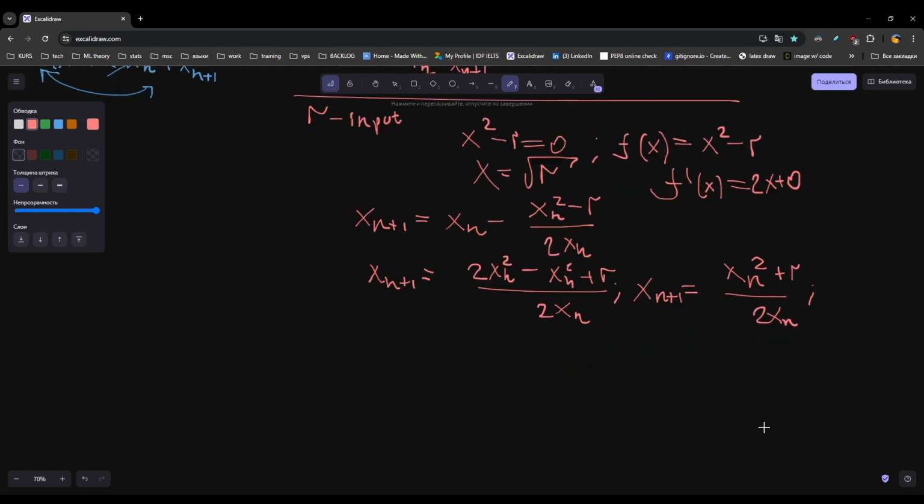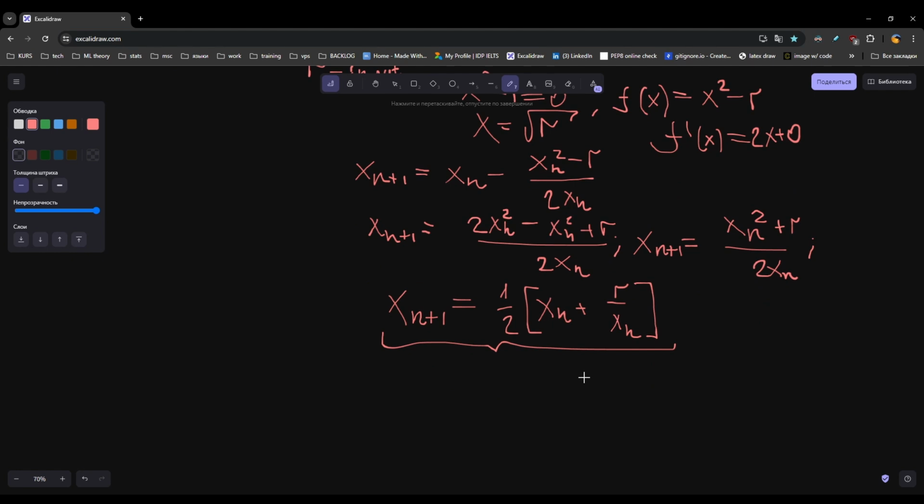And we can also rewrite this in a more widely accepted form, which many of you have already probably seen. The next point in this iterative process is equal to 1/2 multiplied by x of n plus r divided by x of n. And this is the backbone of the solution of the Sqrt problem in Leetcode.